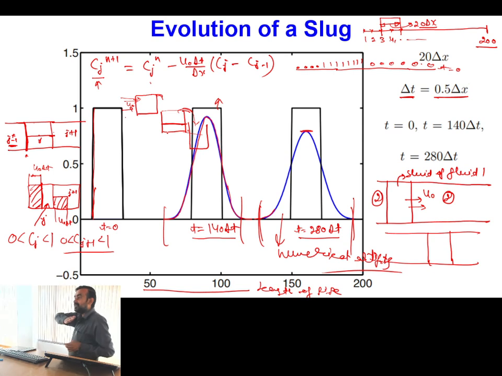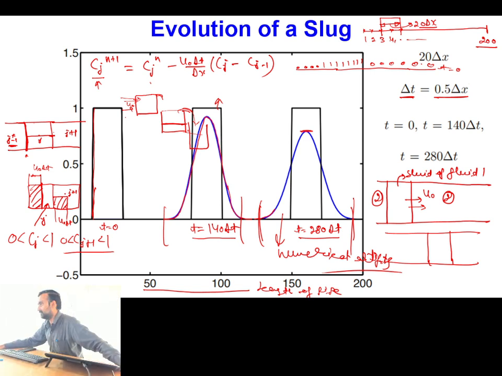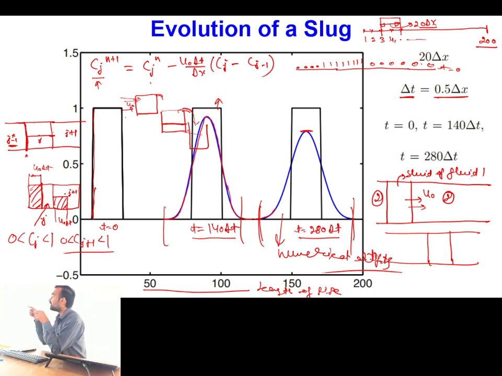When I run this for multiple time steps, this will spread over a larger number of cells. So in my solution, the number of cells containing a partial value of volume fraction will actually keep increasing.